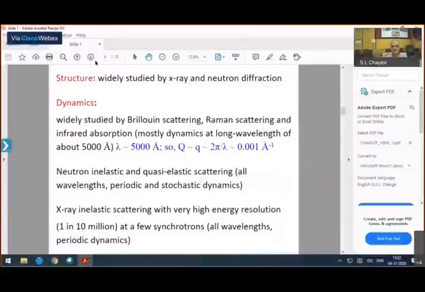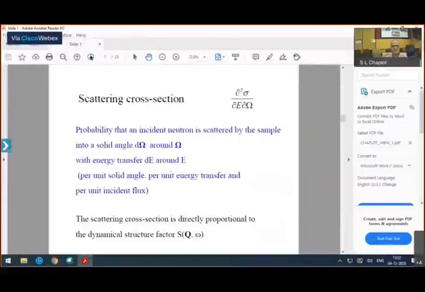Okay. So let's come back to neutron scattering. Here, as I said, we probe the scattered neutron beam in 4 dimensions, the 3 dimensions of space and the 4th dimension of energy. And so one defines what is called a scattering cross-section as a function of these 4 dimensional variables.